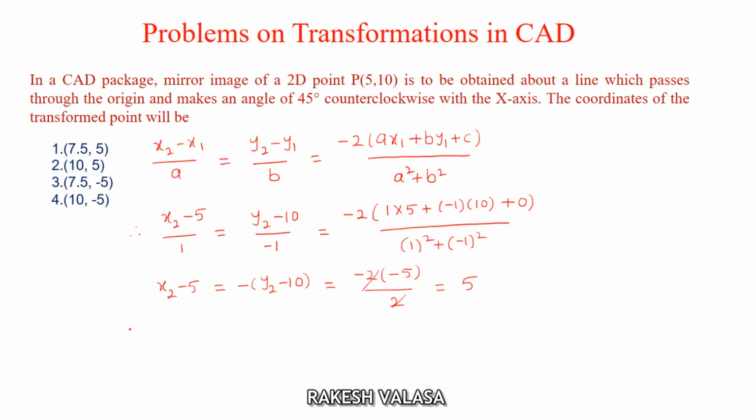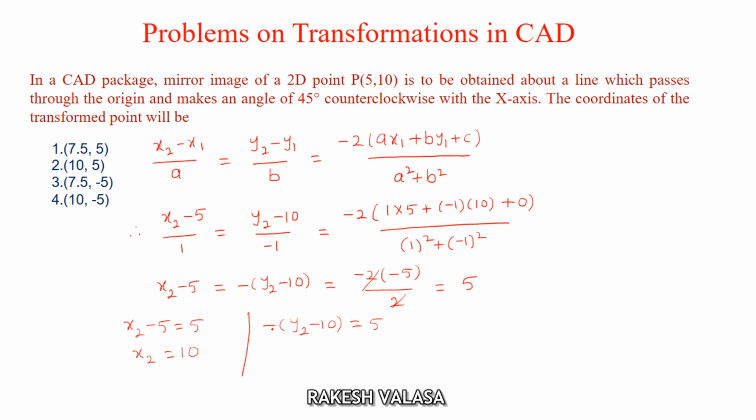Now x2 minus 5 equal to 5, this is the one case. The other one is minus of (y2 minus 10) equal to 5. From this equation you can get x2 equal to 5 plus 5, 10.